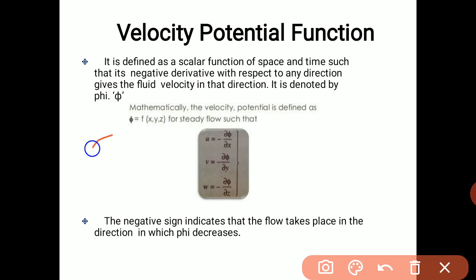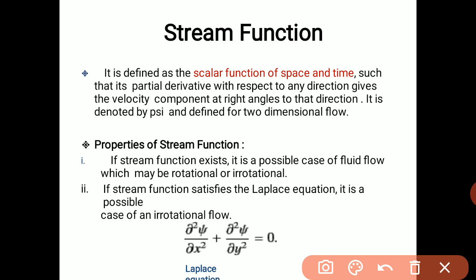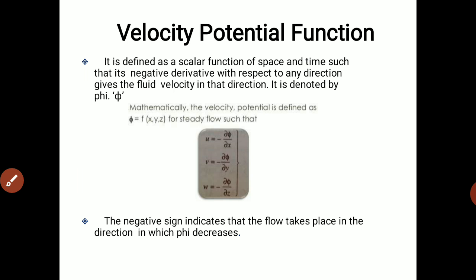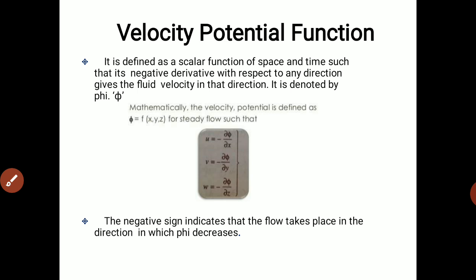Well, the stream function is denoted by psi. Okay, this symbol is psi, and the velocity potential function is represented by phi. And the negative sign is actually a negative derivative with respect to any direction.